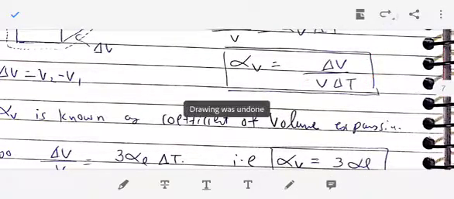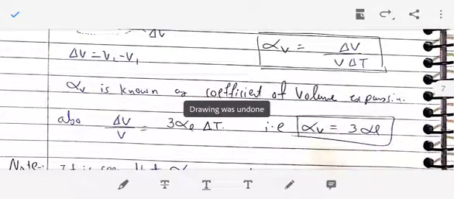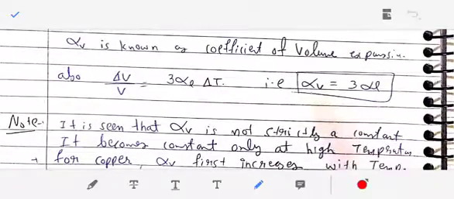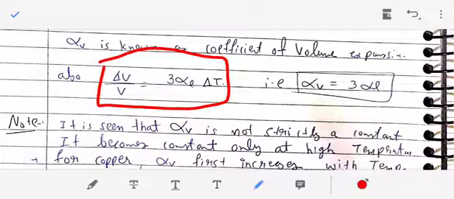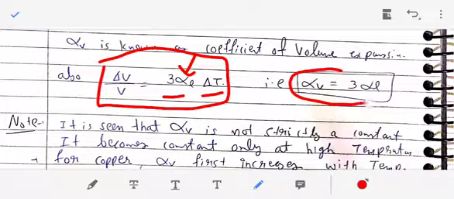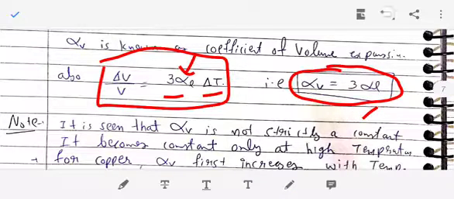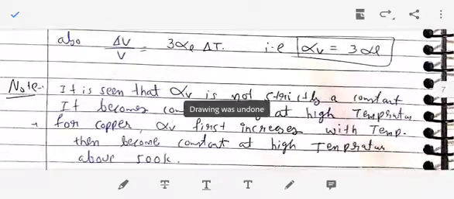This is the coefficient of volume expansion, and here delta V upon V is equal to 3 times alpha L times delta T. Again alpha L is the coefficient of linear expansion. That means we can say that the coefficient of volume expansion is equal to 3 times the coefficient of linear expansion. This relation we will also derive.